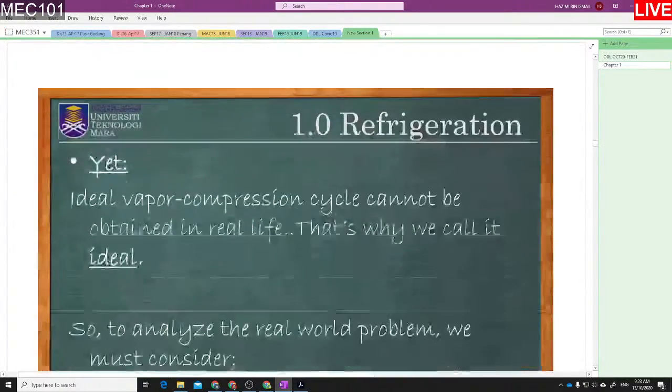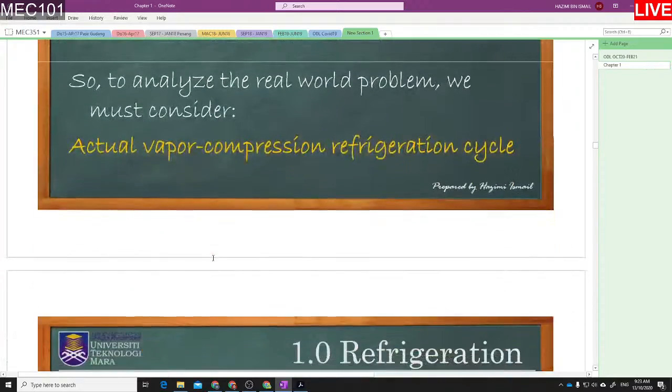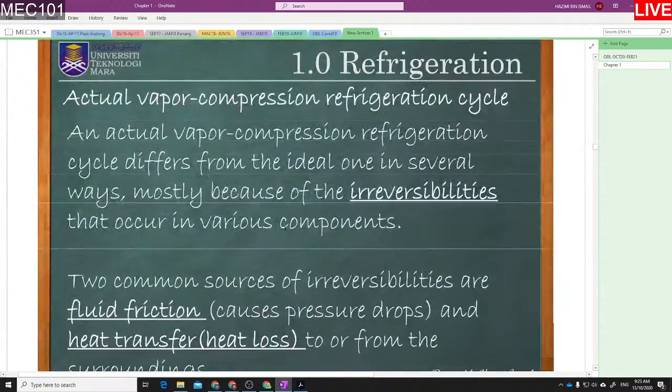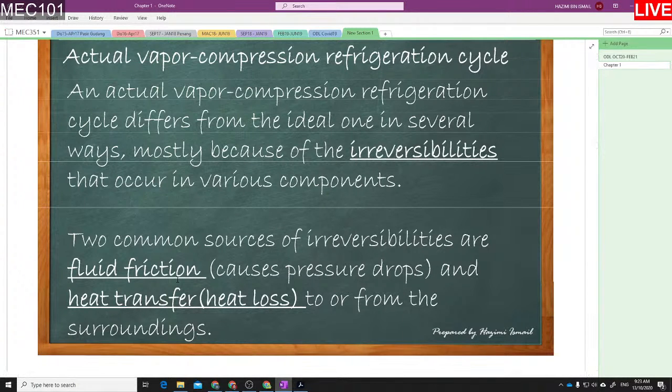Okay, so yang tu adalah ideal vapor compression. Bila actual, kita kena consider ada irreversibilities. Because the irreversibilities come from the fluid friction. Ada apa kita panggil pressure drop dalam pipe aircon, pipe refrigeration system tu.